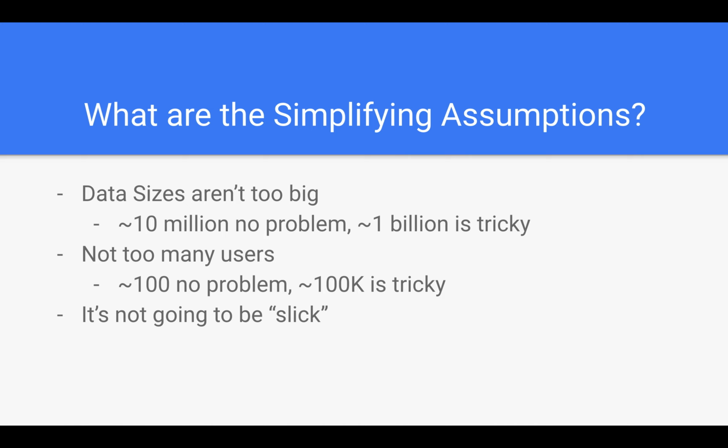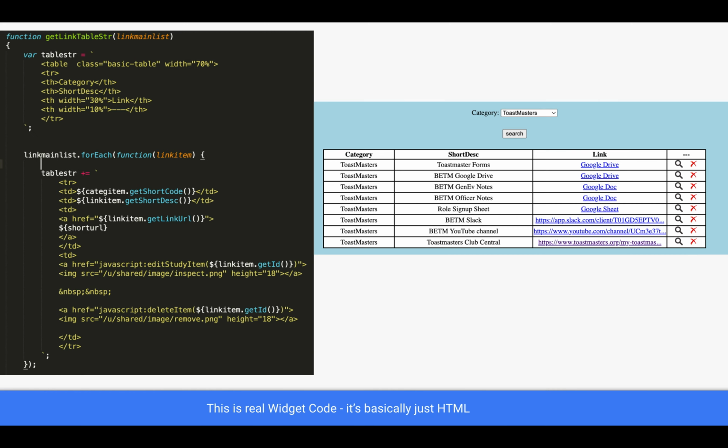If your company grows to 100,000 employees, you're really, really happy. So the 10 million and the 100 users is a pretty good zone for a lot of businesses. And finally, it's not going to be slick. So you saw in this table, this is not a beautiful web page. It's a simple, basic, functional table.